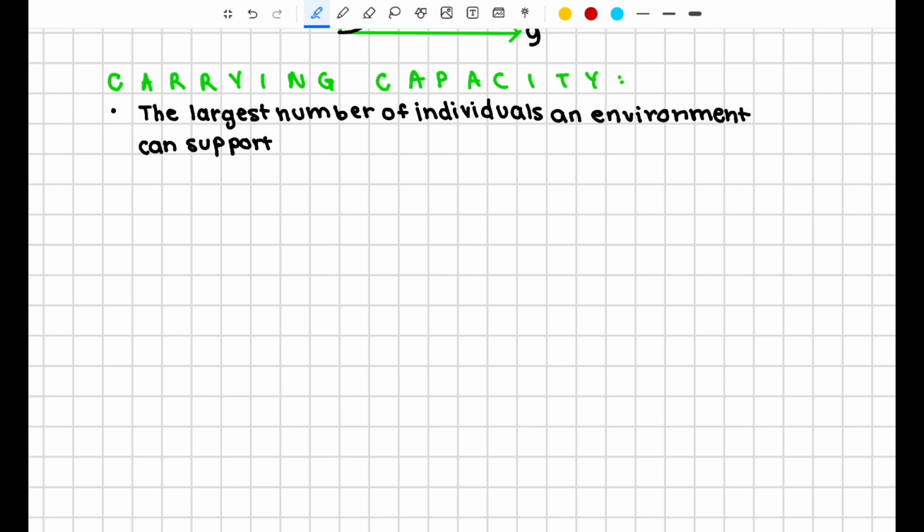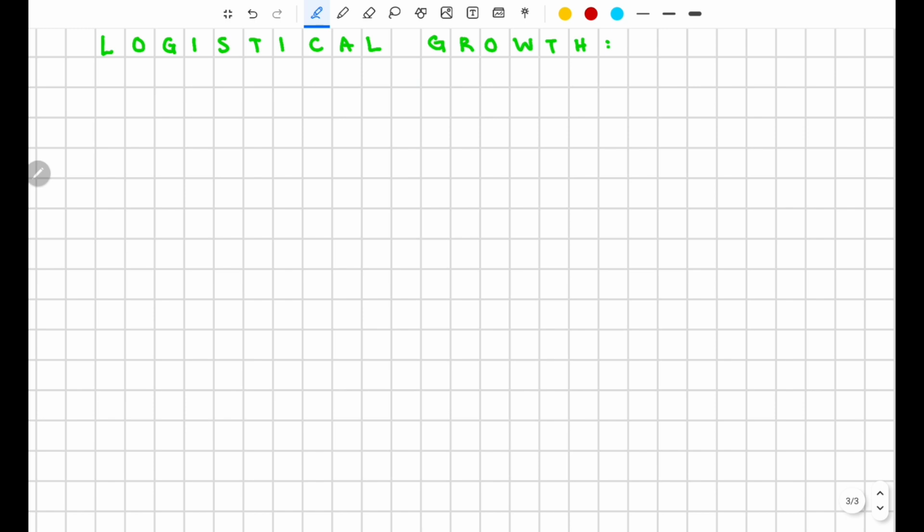It leads to the population declining because fewer organisms are getting the resources they need to survive. And so that is when your growth rate is leveling off. It's becoming zero, no growth rate, and it might even lead to a decreasing growth rate, a negative growth rate.